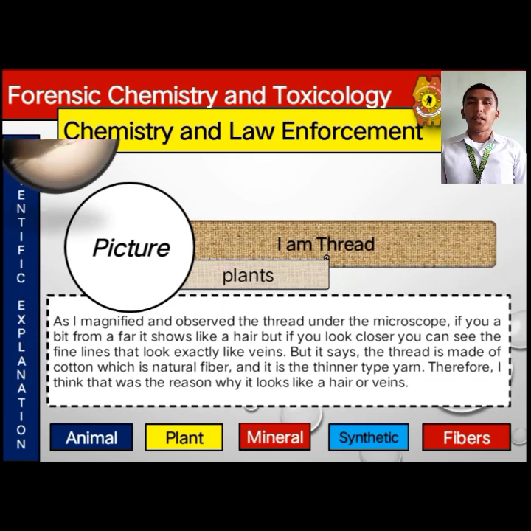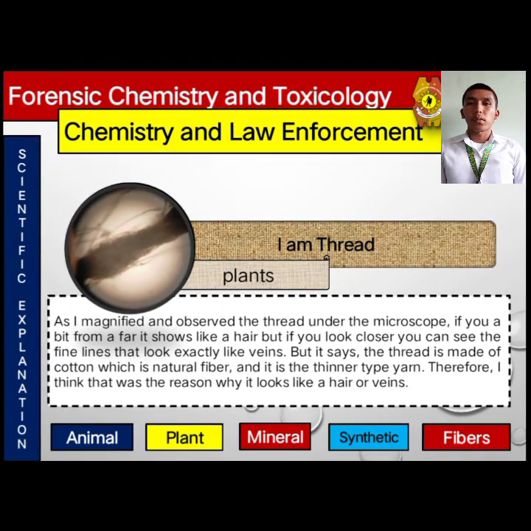As we magnified and observed the thread under the microscope, if you look a bit from afar, it looks like a hair, but if you look closer, you can see the fine lines that look exactly like veins. But it says the thread is made of cotton, which is a natural fiber, and it is that thinner type of yarn.